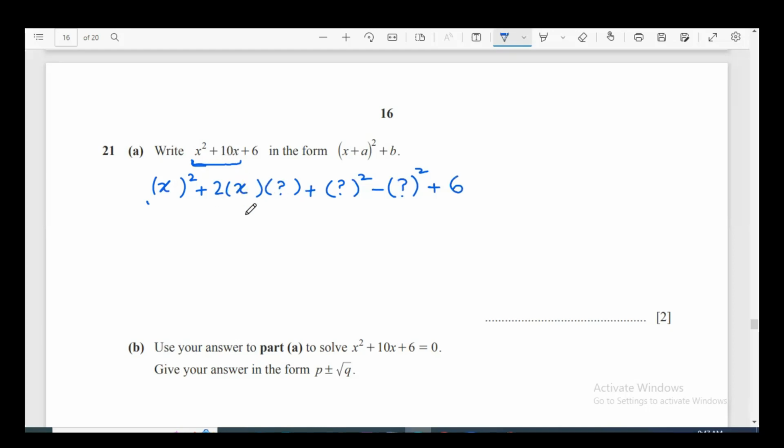with the second term 10x. When you compare here, in the rough, 10x equals twice x times question mark, we will get the value of question mark as 10x over 2x, which is 5. So the value of question mark is 5 here.